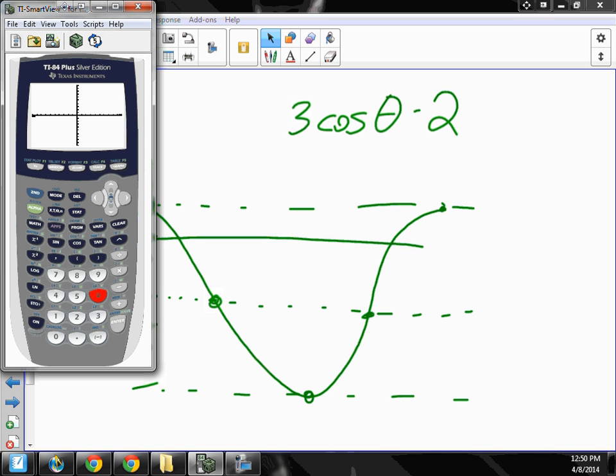So it takes 360 degrees for a sine curve to go through a full cycle. So I could change my window, or if you push zoom, number 7 says Z trig, and it will match the window to include from -360 out to 360. Zoom trig, zoom number 7.